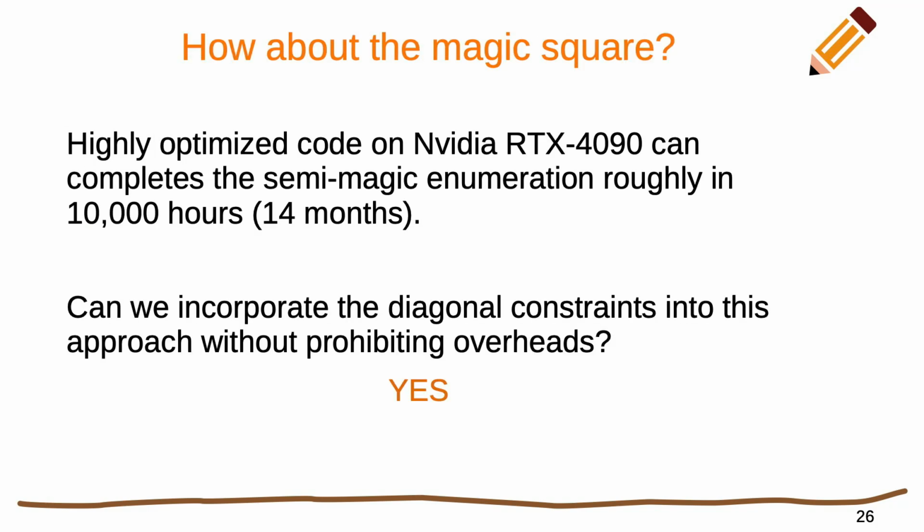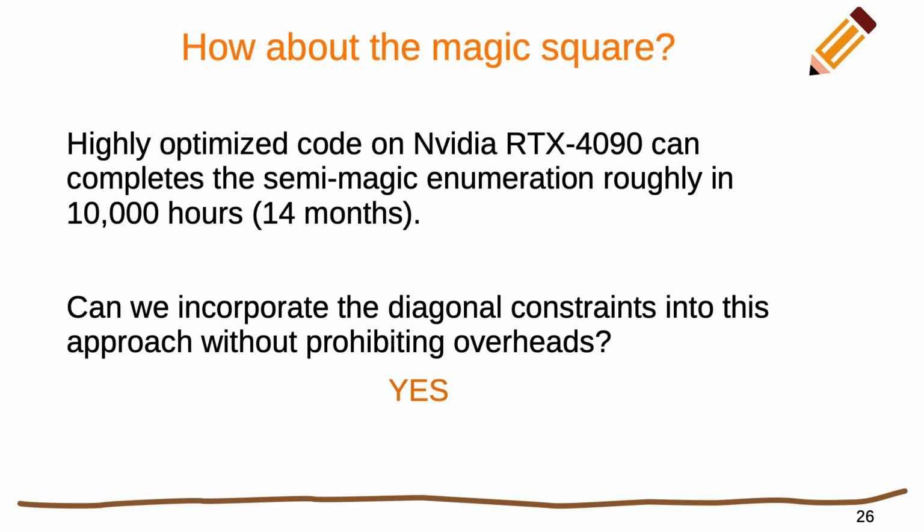The code running on an NVIDIA RTX 4090 can complete the enumeration in approximately 10,000 hours, or about 14 months. If we use multiple GPUs on cloud services, the task can be completed within a few months.